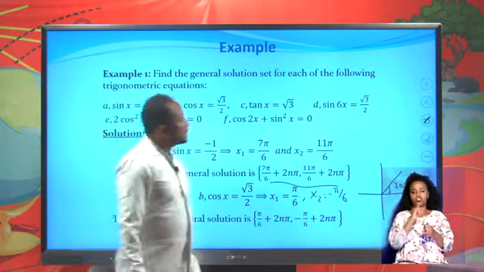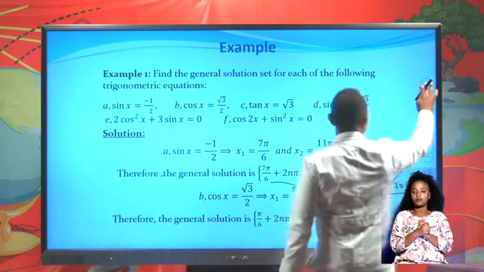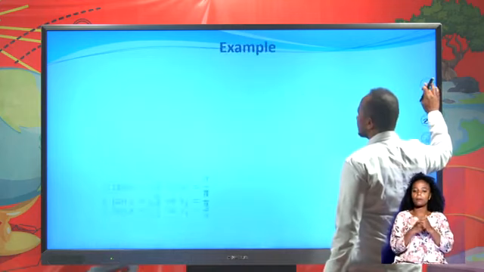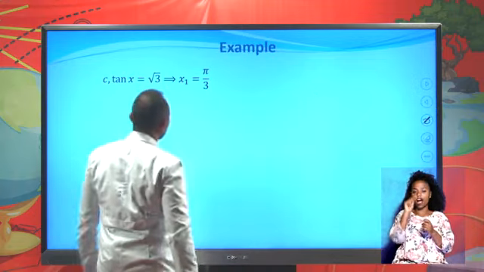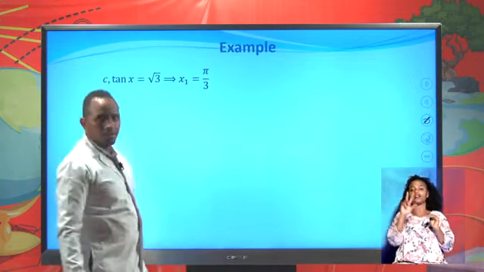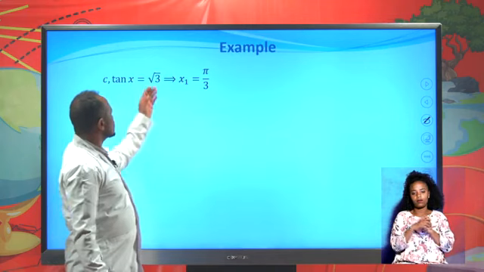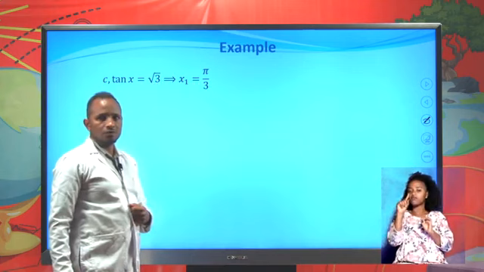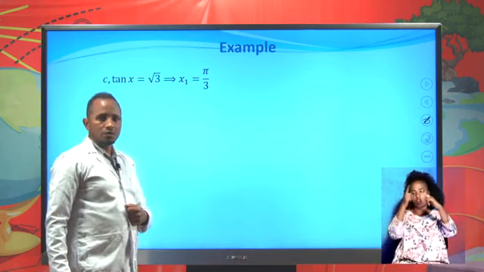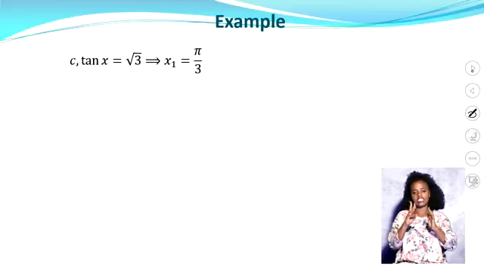N is an integer. Now, let's continue. Tan x is equals to radical 3. Tan is square root of 3 for this value. Tan inverse of root 3 is pi over 3 or 60 degree. We have one particular solution.